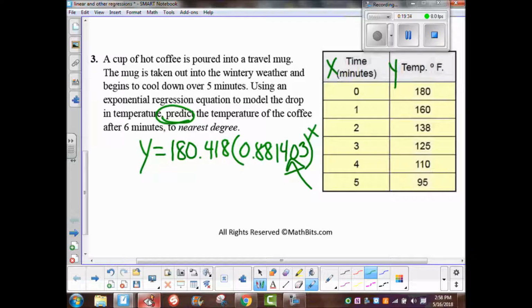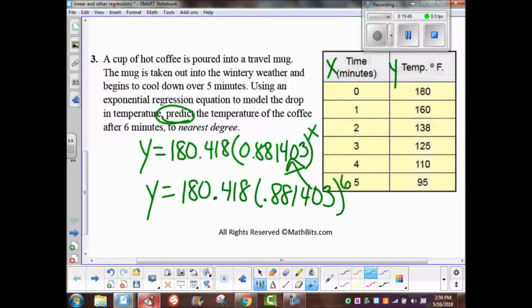And then go right to your calculator. Do not round until your final answer is ready. Okay, so that whole thing you're going to type in to your calculator to get your answer. Don't round until you're ready. Exactly, round at the last possible minute.